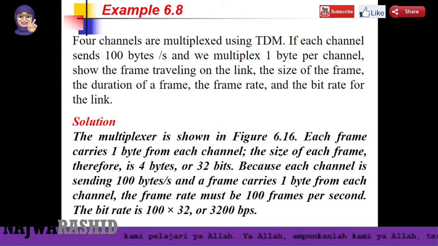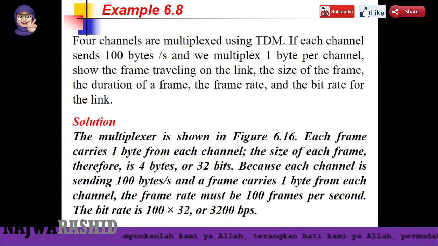Because each channel sends 100 bytes per second, and a frame carries 1 byte from each channel, the frame rate must be 100 frames per second. One channel has 100 bytes, and then we multiplex 1 byte for every channel, so we will have 100 frames.